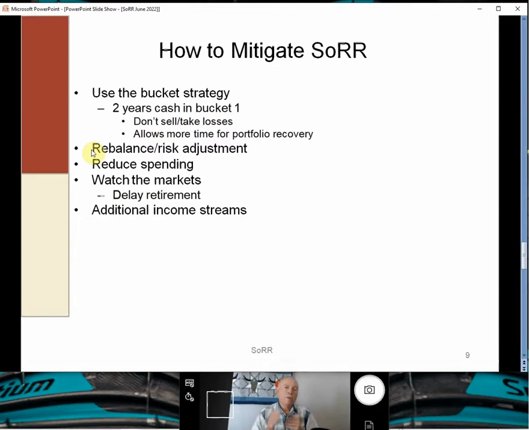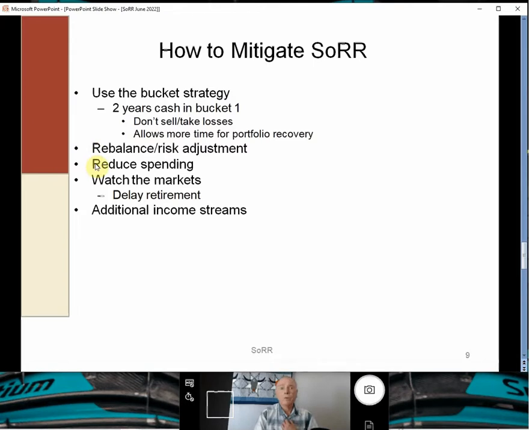One of the things I did when I was looking at the spreadsheet and doing all kinds of different scenarios is that the more you have in equities, the lower the risk is over the planning horizon, the more money you have. So that's why I think it's really important to always make sure that you recover your asset allocation target balances. That's really a very important risk adjustment to make, because you want to ensure that you get the highest possible returns to recover from any losses that you experience.